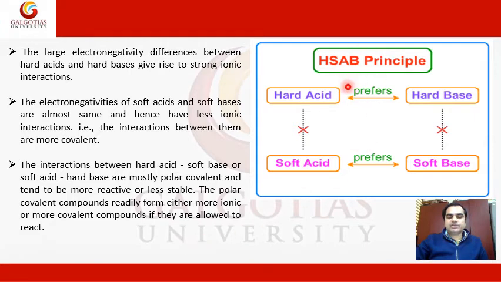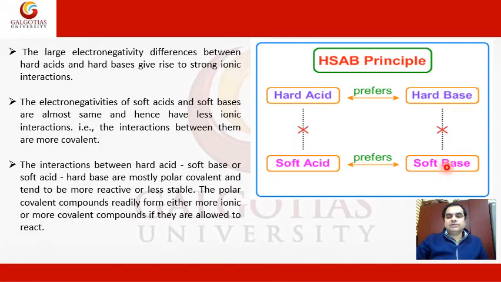In this case, we can see that hard acids and hard bases prefer to combine with each other due to the large electronegativity difference between them. But they cannot react easily with soft acids or soft bases.